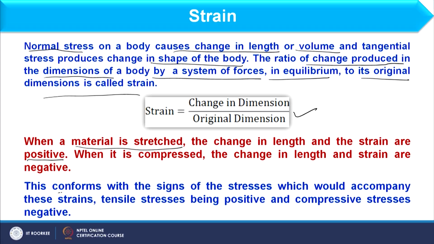Obviously, when we have an increment in length, delta L would be positive. Similarly, when I am having compressive stress, the final length would be lesser in comparison to the original, so in that case strain would be negative. This conforms with the signs of the stresses which accompany the strains, tensile stress being positive and compressive stress being negative.